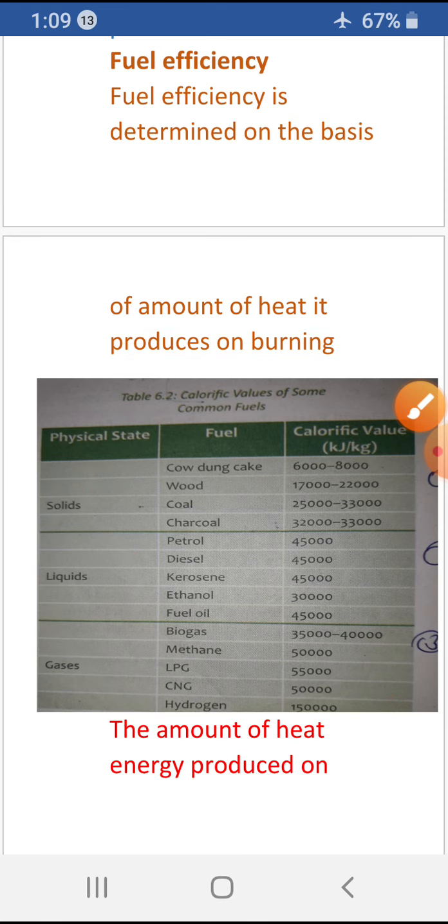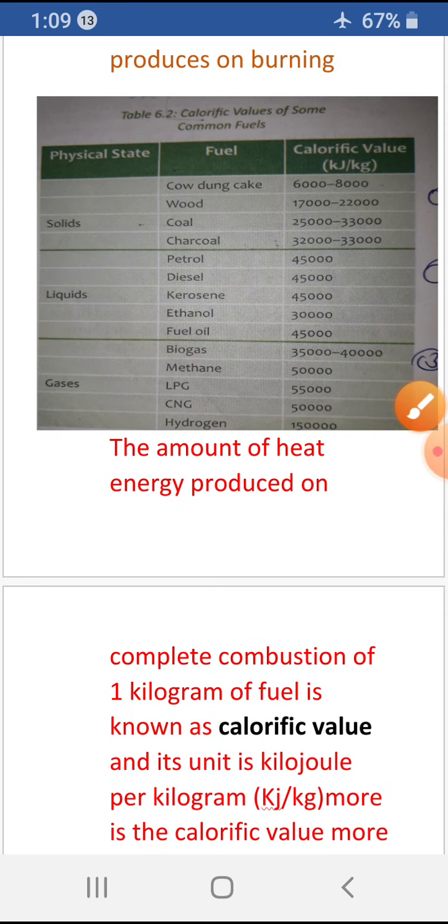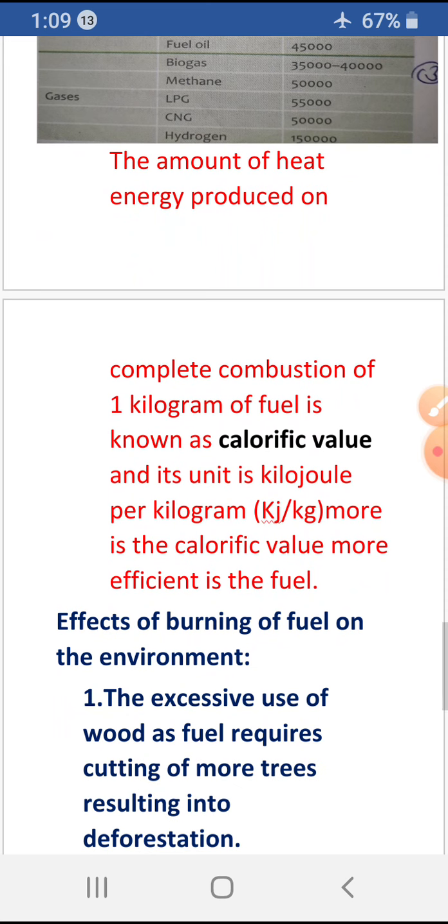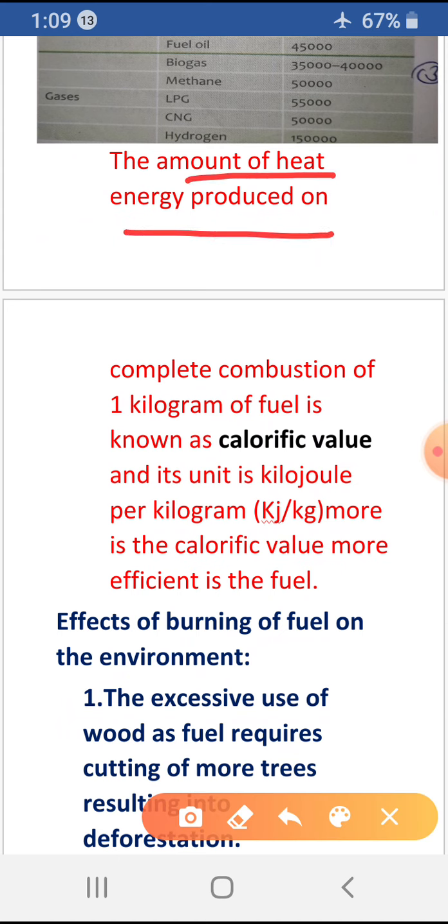Now here we get one term, that is calorific value. Let us define the term calorific value. The amount of heat energy produced on complete combustion of 1 kilogram of fuel is known as calorific value, and its unit is kilojoule per kilogram.